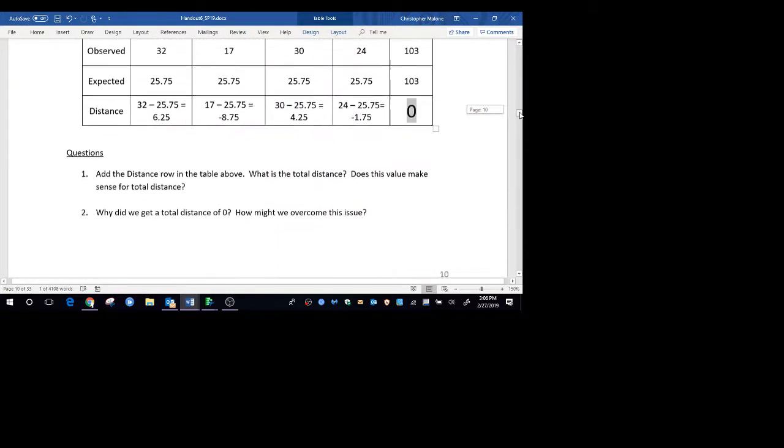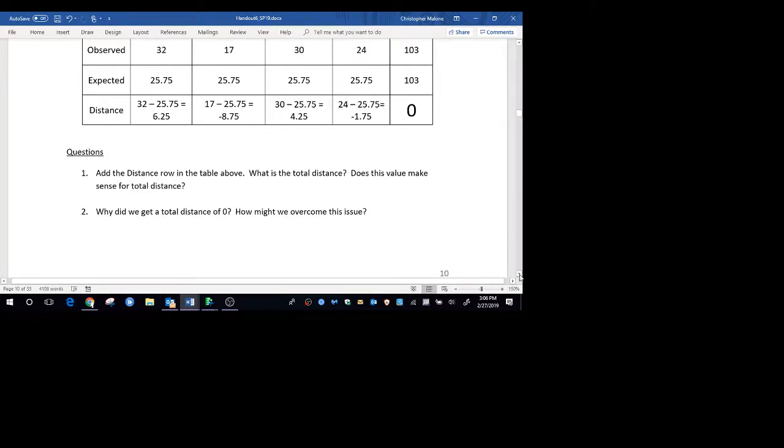The average of 25.75 is just splitting all of those observed values, so we get a canceling out effect between the positive and the negative values. There's two different ways that we can deal with this. We can either take the absolute values of these quantities, so that certainly will get rid of the negatives. Or we could square these quantities. So we have options between taking the absolute value or squaring.